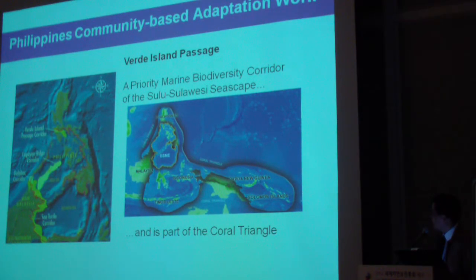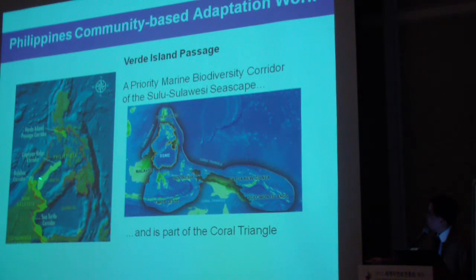And again, we're here in the Philippines. We work in three corridors: the Verde Island Passage corridor, and the Cagayan Ridge corridor. El Nido is over here, and we have a representative from El Nido. It's in northern Palawan. Also in northern Palawan, we have some areas that are considered ancestral waters, and there's another group working on that.